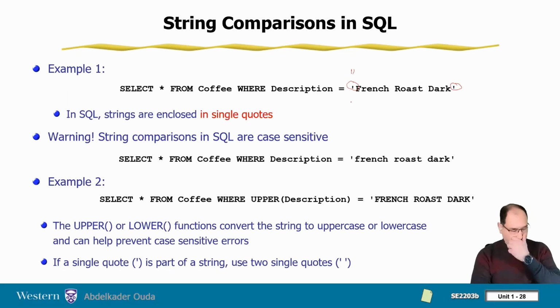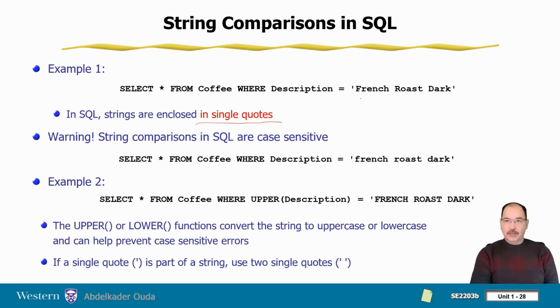It's not acceptable by the SQL command. It should be single quotes to include the string values. So we have here, give me all the columns in the coffee table where description is equal to French roast dark. So again, keep in mind that it should be single quotes, not double quotes.